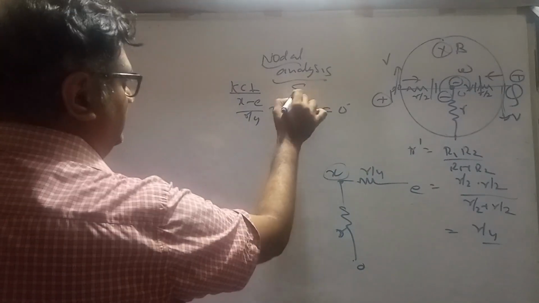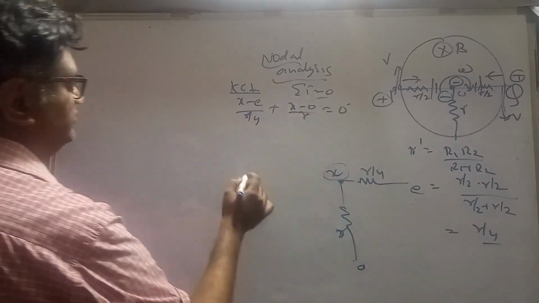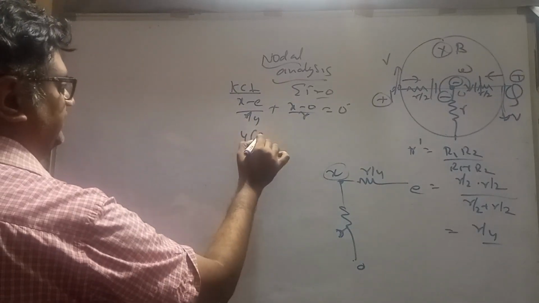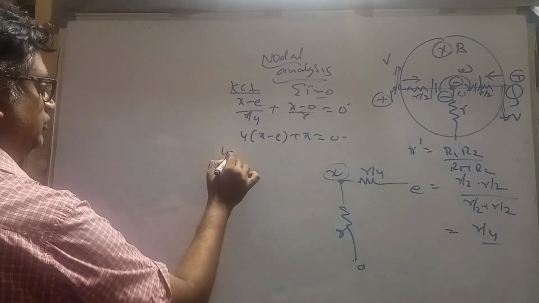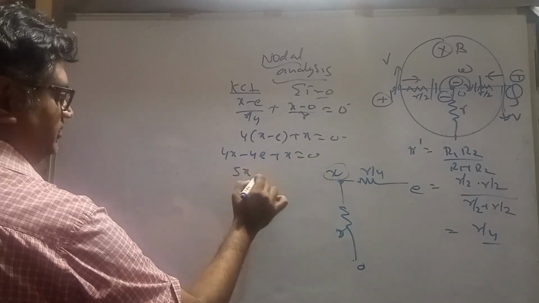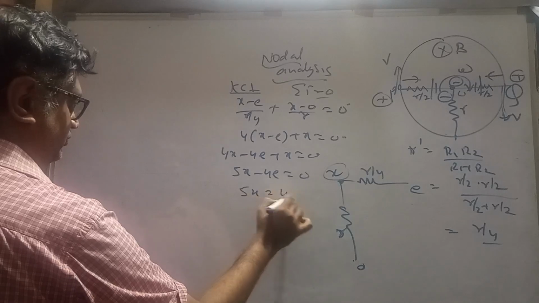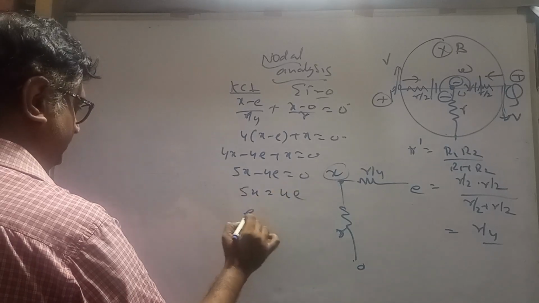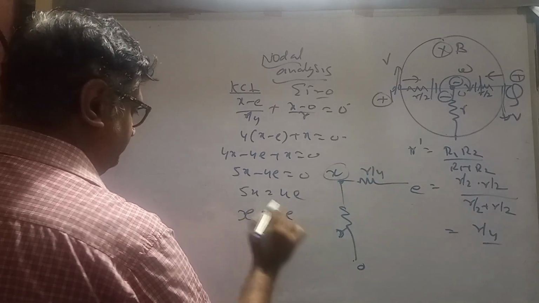Okay, sigma I at a joint is equal to 0. So here R cancels. So after simplifying this, 4(x minus E) plus x is equal to 0, 4x minus 4E plus x is equal to 0, 5x minus 4E is equal to 0, 5x is equal to 4E, we are trying to find out x now, x is equal to 4E/5.